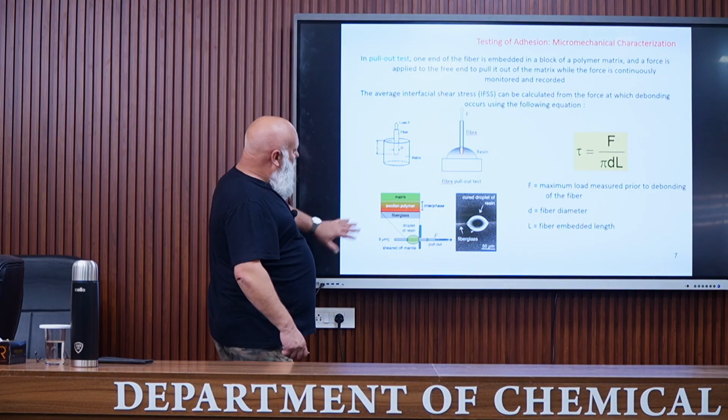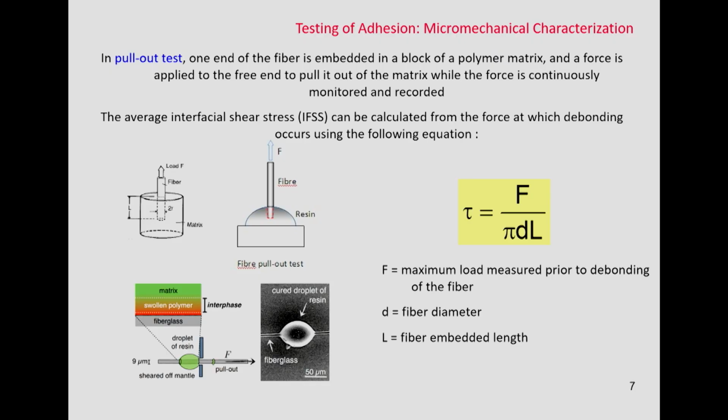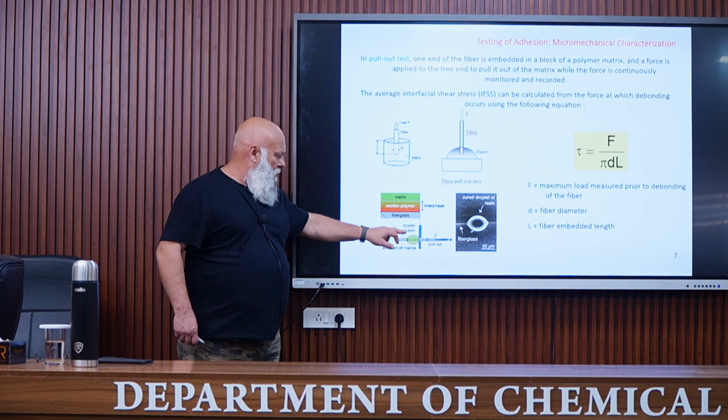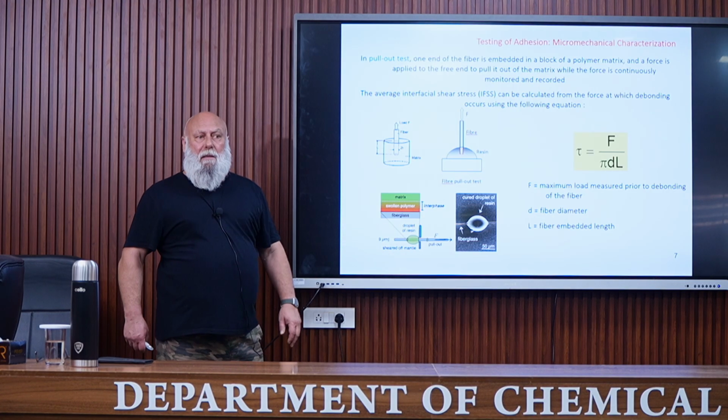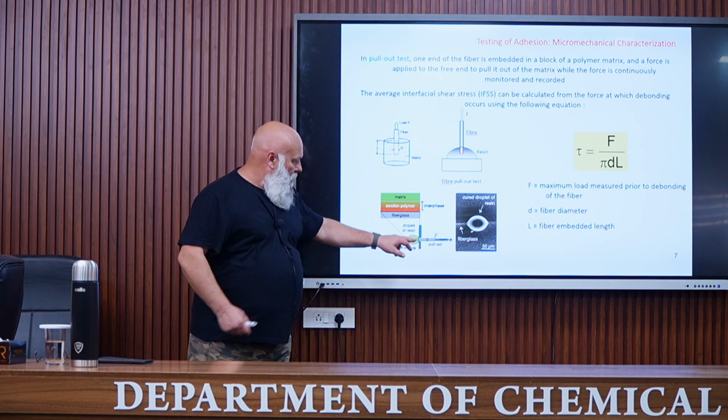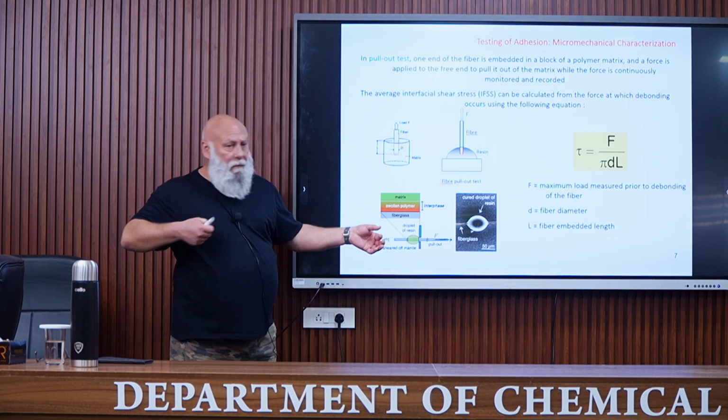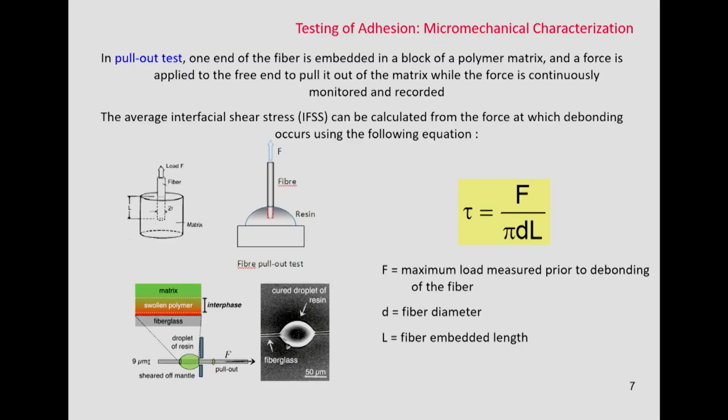This is another way to perform this experiment. You can see here the fiber, here a droplet of the polymeric matrix with a hole, and so the fiber is extracted from the matrix.